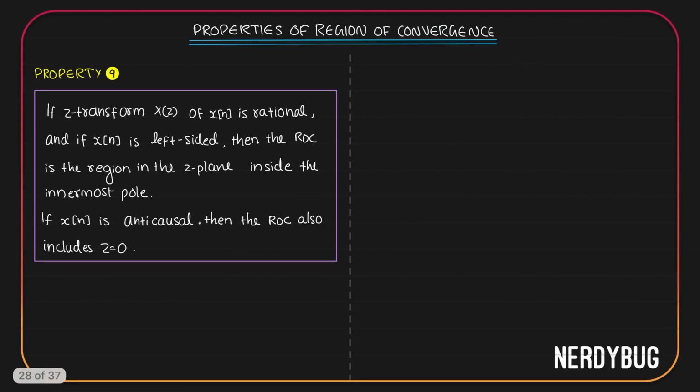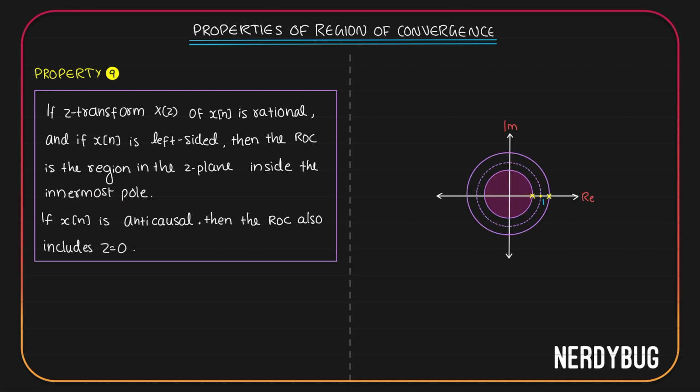Let's go to the next property. If the Z transform X of Z of a signal x of n is rational and if x of n is left-sided, then the ROC is the region in the Z plane inside the innermost pole. So it will look like this. ROC is inside the innermost pole. So obviously z equal to infinity cannot be included.